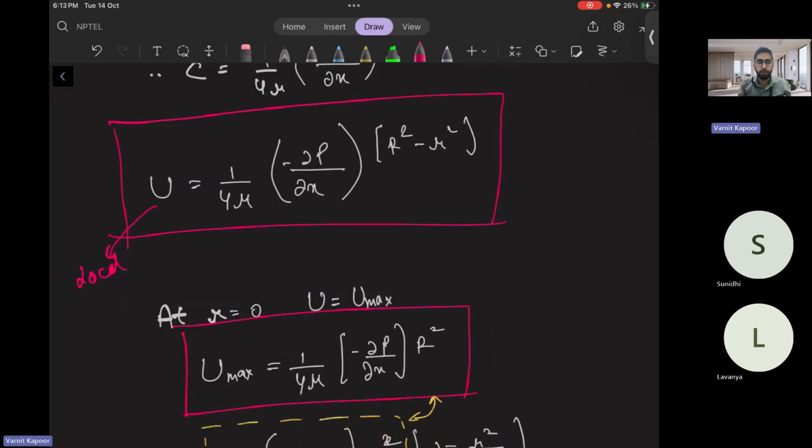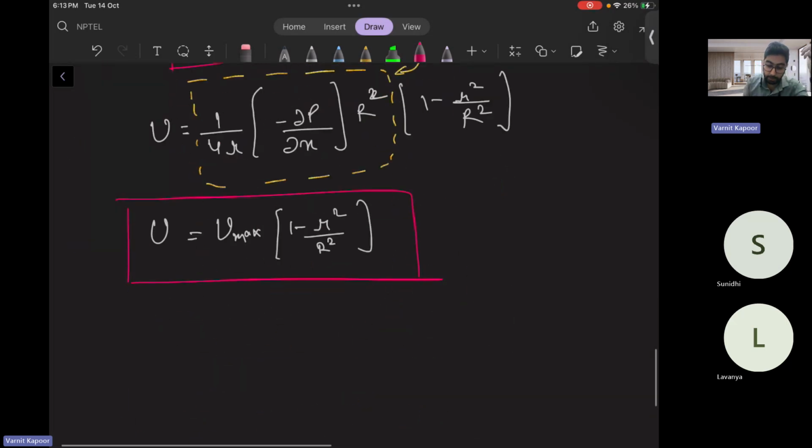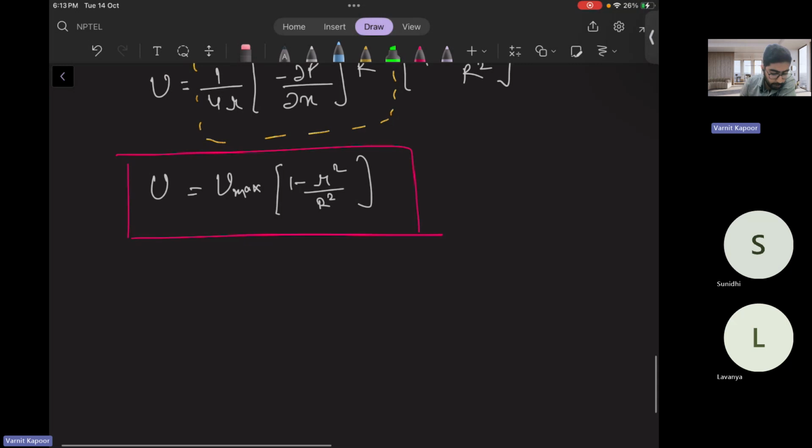Mean velocity is an assumed concept. We have assumed that flow rate is area into mean velocity, which will be compared with area into actual velocity, because area is always the same. Let me write the concept of mean velocity.